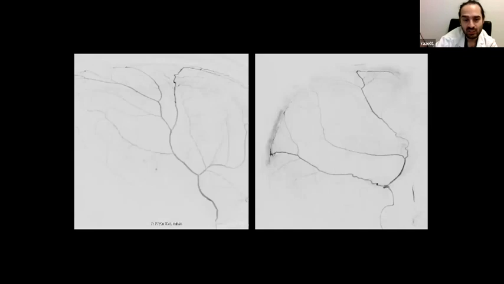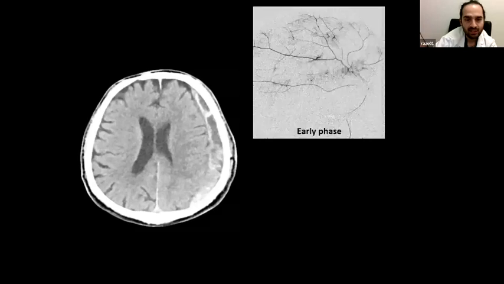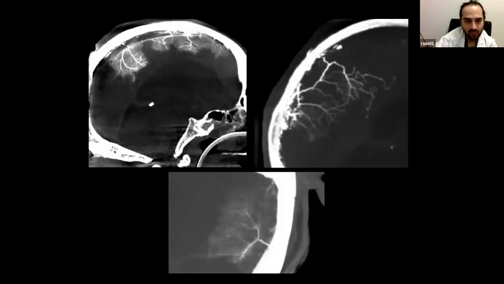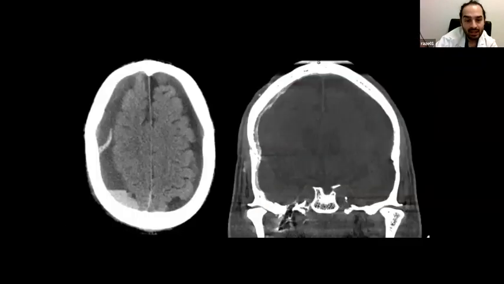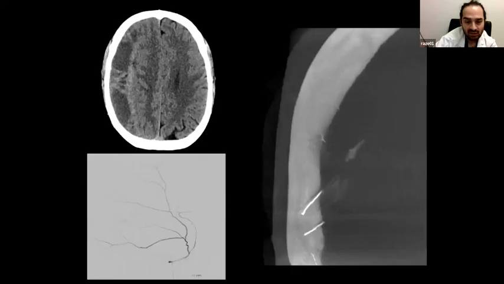Now, we also apply this imaging to understand certain diseases better, such as subdural hematoma, since we do a lot of middle meningeal artery embolization these days. We tried to study this a little better, and I'll skip through it. Essentially, we could go back to the original anatomical description of how the subdural hematoma develops and show that in vivo, getting excellent images that show the filling of the membrane.